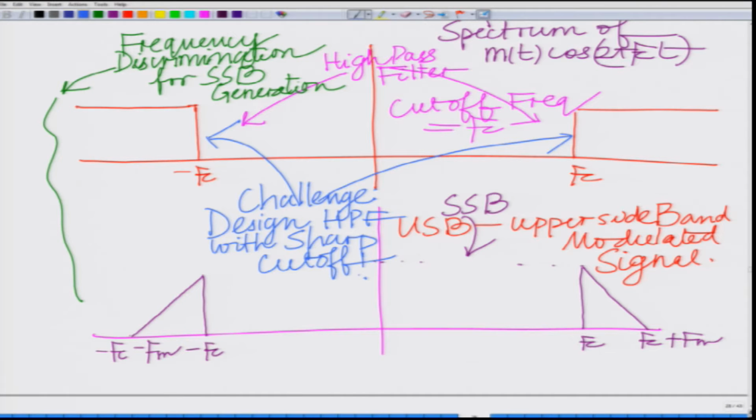That is practically very challenging, if not impossible, because no matter how well your filter is designed, it always has a small transition band. The band where it is 0 is the stop band, and the band where it allows the frequencies to pass, that is gain of unity, is the pass band. There is a finite transition band in which the filter is transitioning from 0 to 1, and that gives rise to non-ideality.